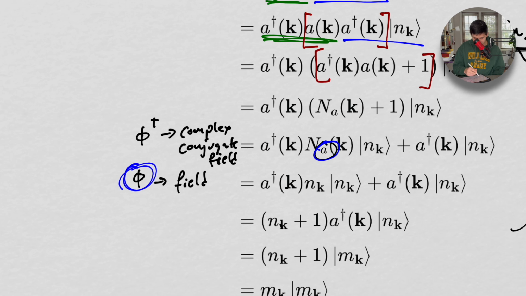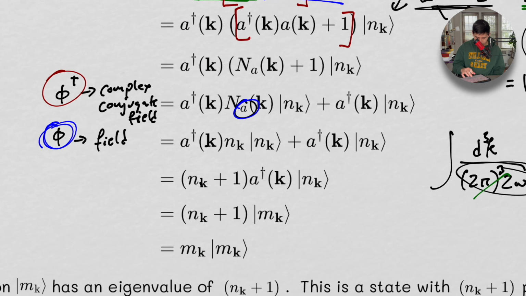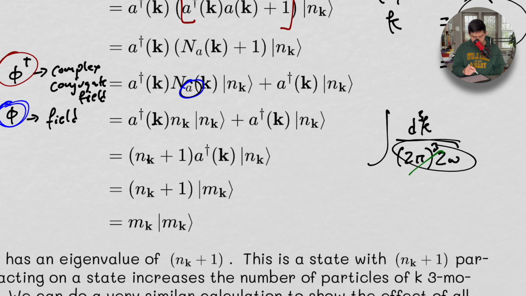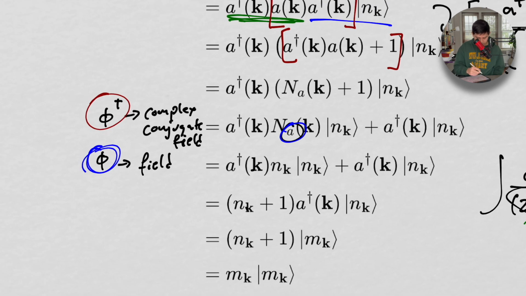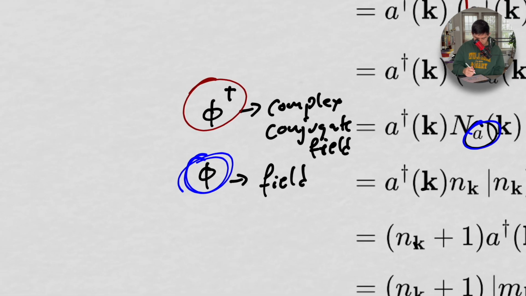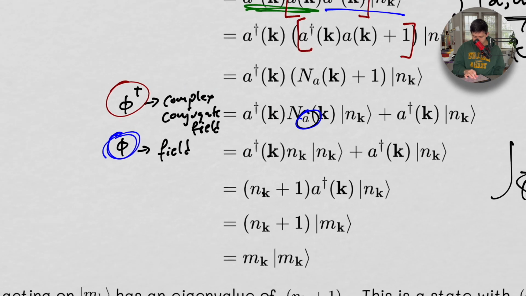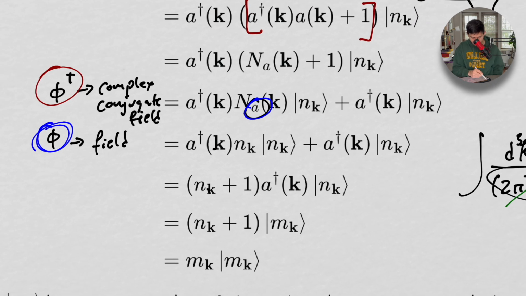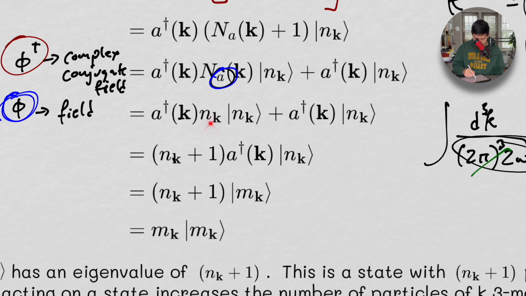And then type B is going to be for this one. Okay. Fundamentally, what we found out was that these are related by opposite charges. So, okay. So the number of particles at momentum k, that is the eigenvalue for this operator.